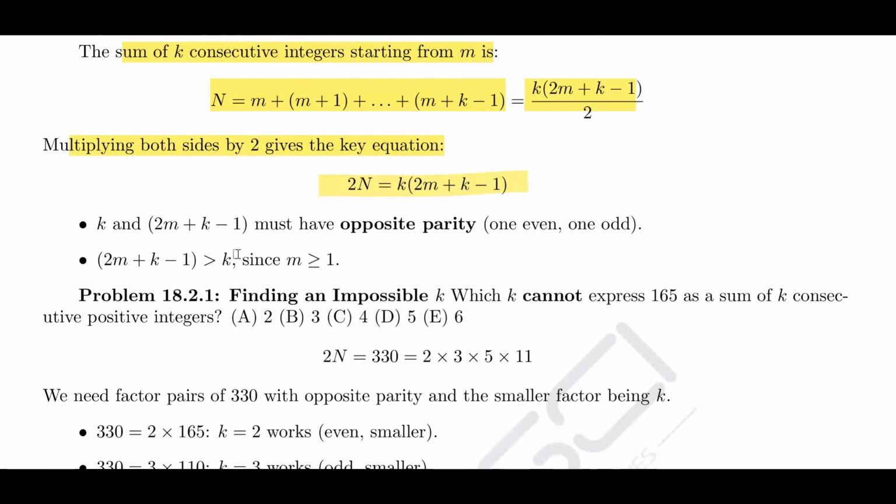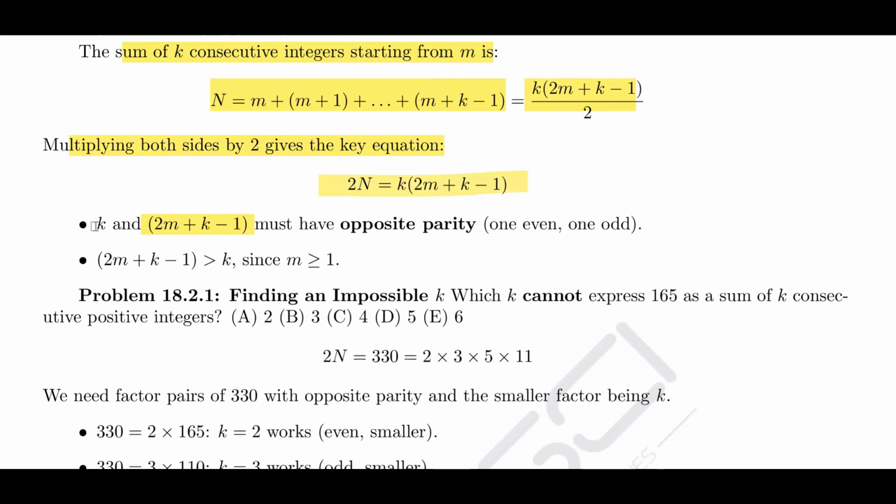Now, let's think carefully about this term, 2m plus k minus 1. We can look at it as (2m minus 1) plus k. The part 2m minus 1 is always odd, because 2 times any number is even, and if you subtract 1, you end up with an odd number. That means the parity of the whole expression depends entirely on k. If k itself is even, then an odd number plus an even number stays odd.